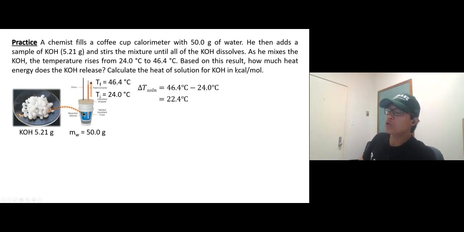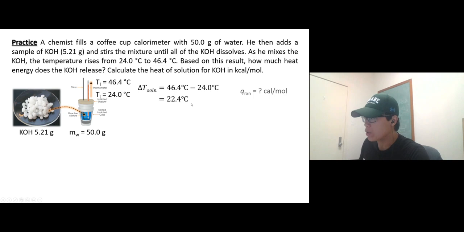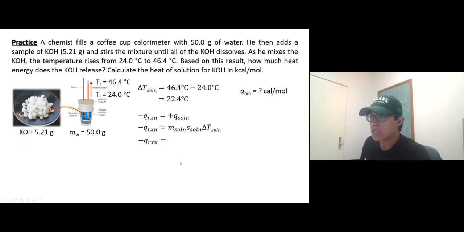All right. Start with the total energy released first. Q of reaction. All right, so in kcal per mole. One loses, one gains. So potassium hydroxide releases energy, and the solution gains energy. So mass, specific heat capacity, and delta T are all from the solution. Mass of the solution is 50 grams of water plus 5.21 grams of potassium hydroxide.